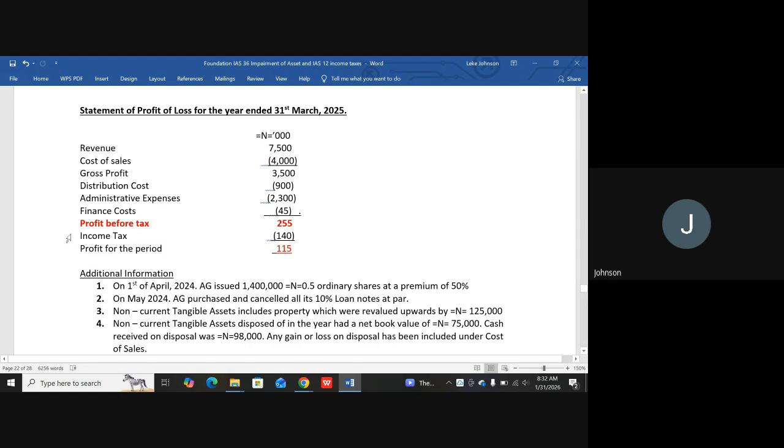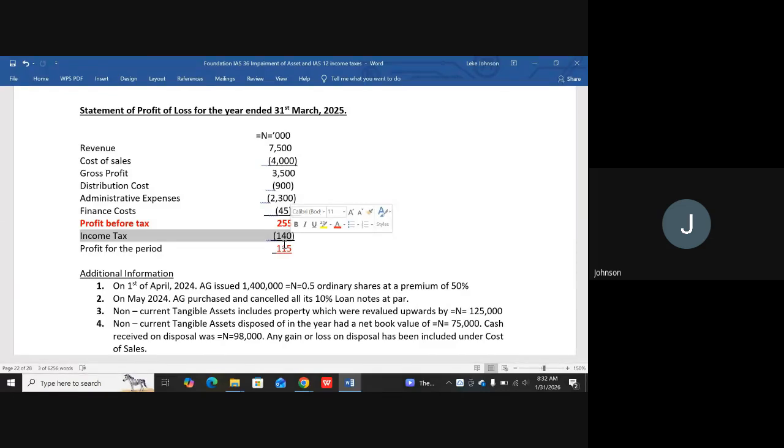Then you now come and say, what is the tax payable? So this tax is what we are trying to look at. What is the actual tax that we need to capture? You see, the auditors, when they prepare their accounts, are going to show you the tax provisions for the tax that they want to pay.